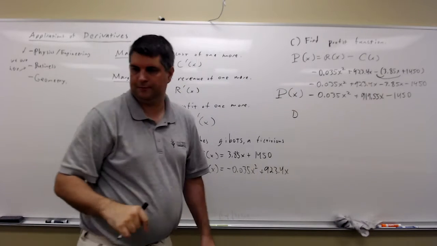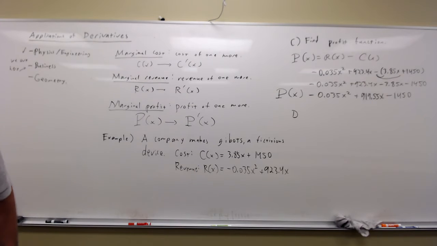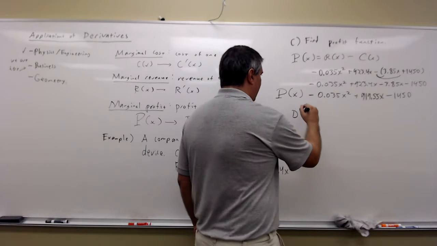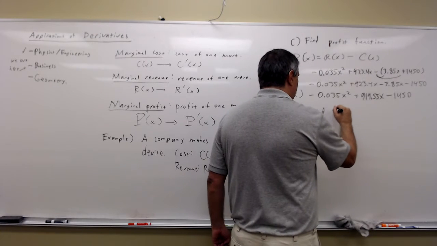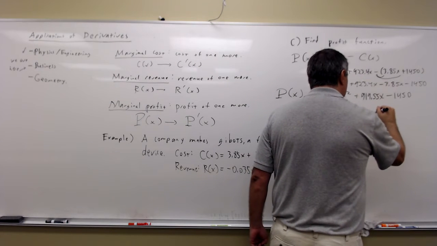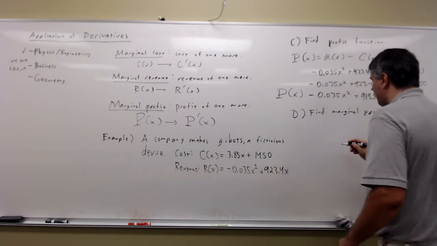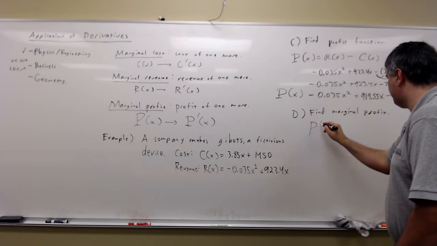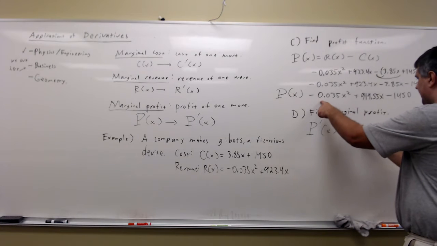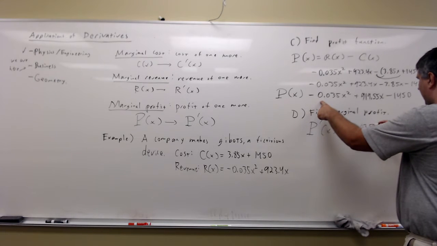D. Find marginal profit. Well, P prime of x is negative 0.035.